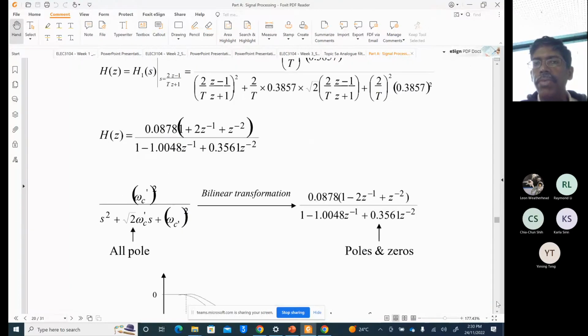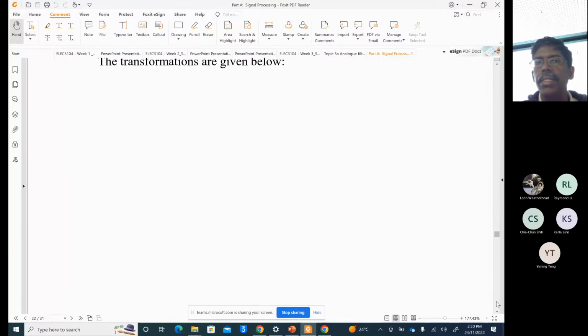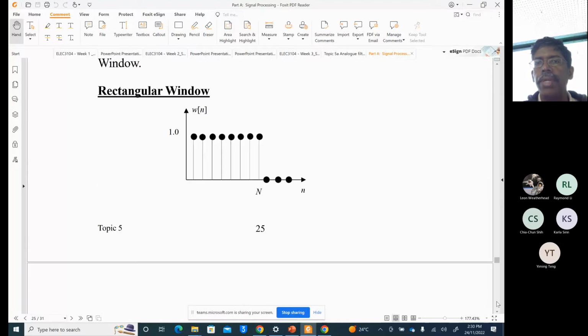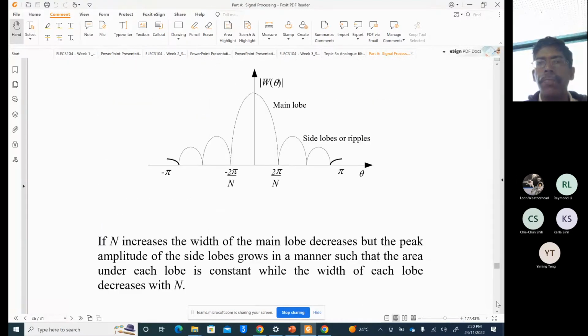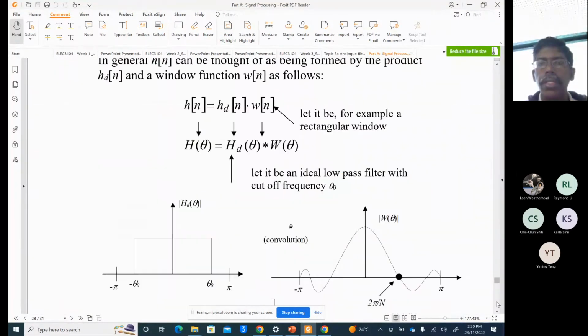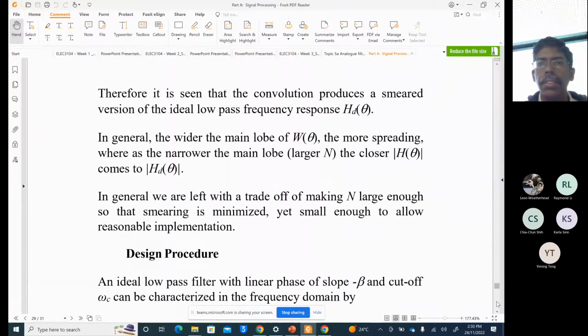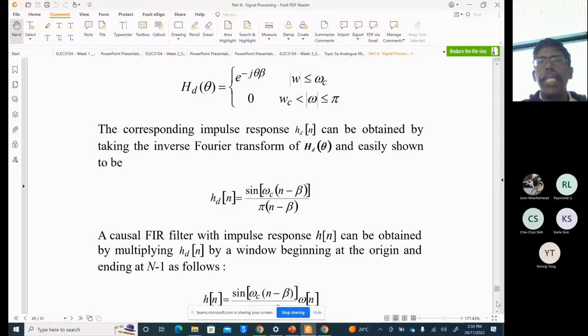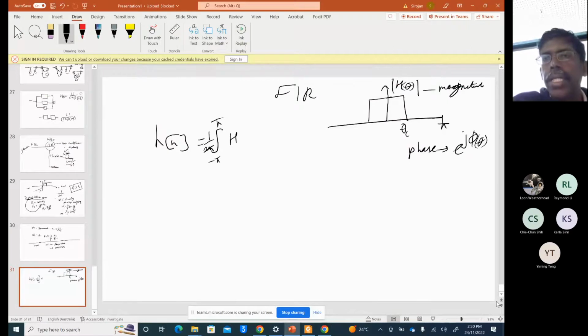So that means the phase response is e to the minus j beta theta, where beta relates to the filter order, because the filter order N will be given, N equal to 7 or 9 or whatever.